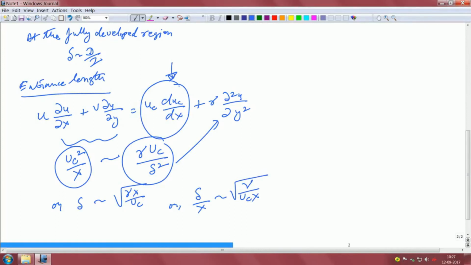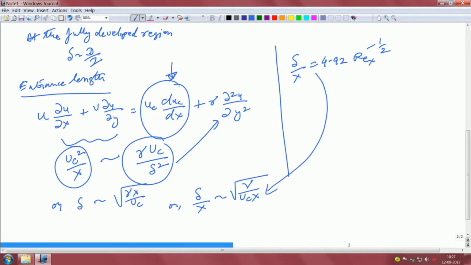Now, you already know from your Blasius solution that delta by x is equal to 4.92 into Reynolds number to the power of minus half, am I right? So, that is what you know is going to happen. You substitute the expression for that over here, because this is a scaling argument, and that is an exact equation that you got from your Blasius solution.